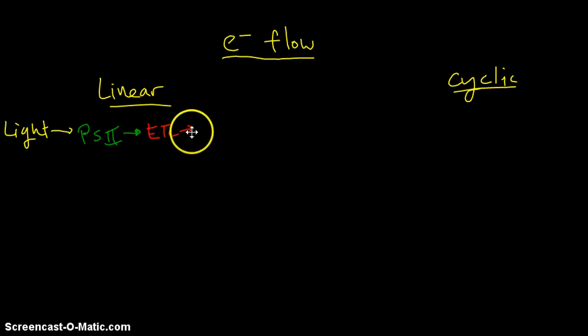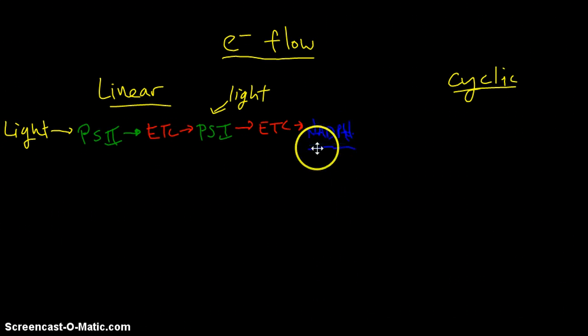Then those electrons are passed on to photosystem 1, where the electrons are again excited by more photons of light, or units of light energy, and those electrons are passed down a second electron transport chain, where they are eventually fed to NADP+ to form NADPH, this high energy electron carrier.